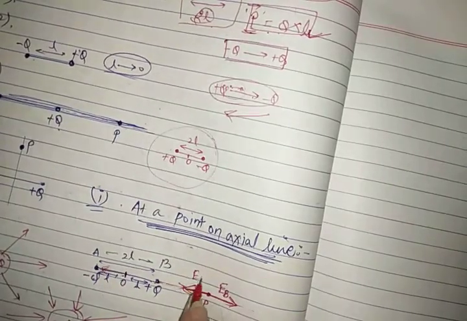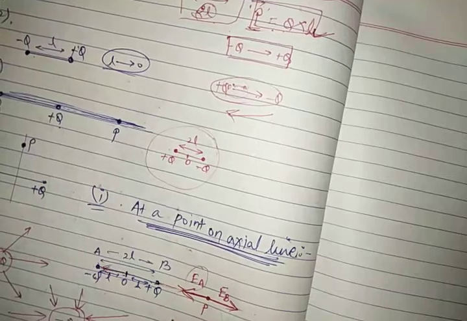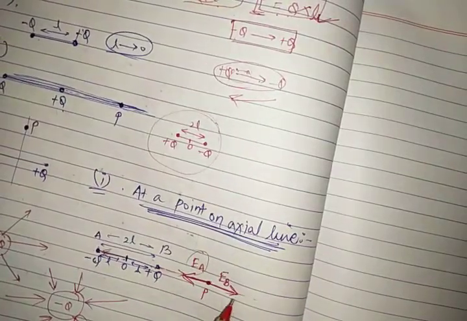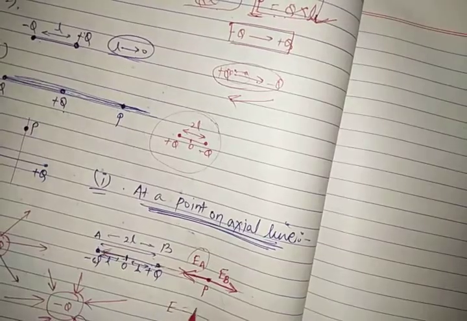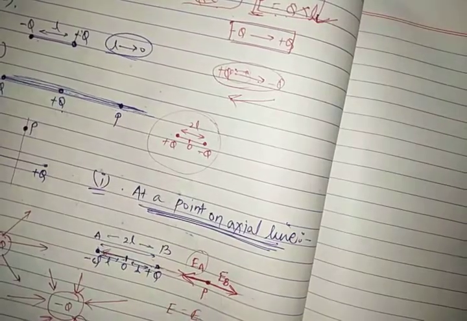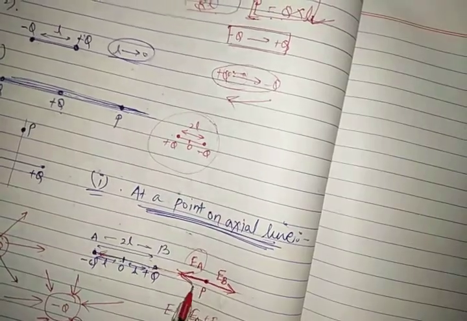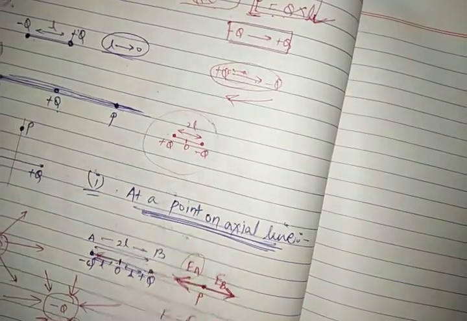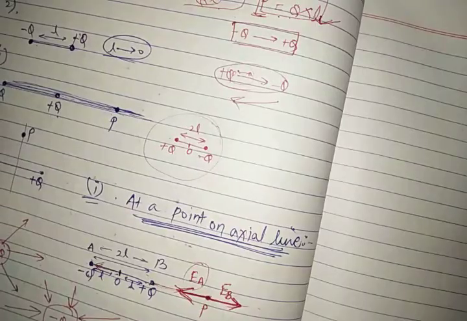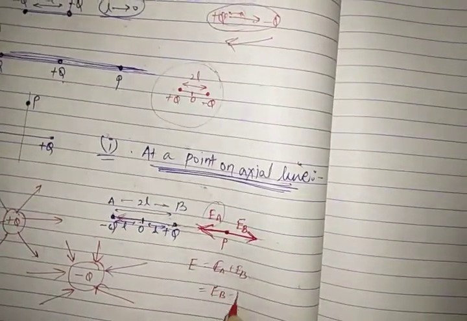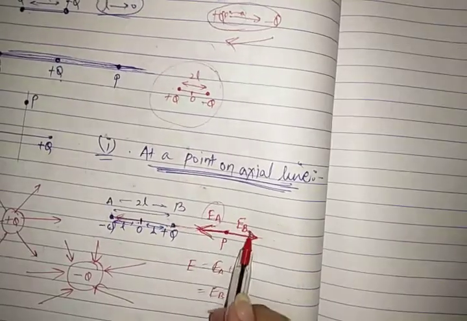Due to point A, the electric field will be EA. So at point P, the net electric field will be E equals EA plus EB, but EA is in this direction and EB is in this direction, so we can write it as EB minus EA, or EA minus EB also.